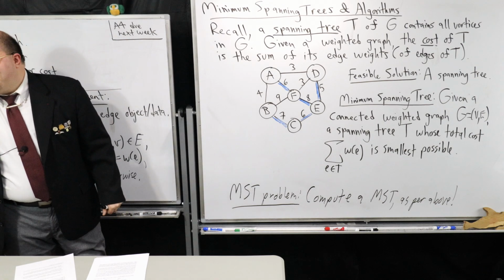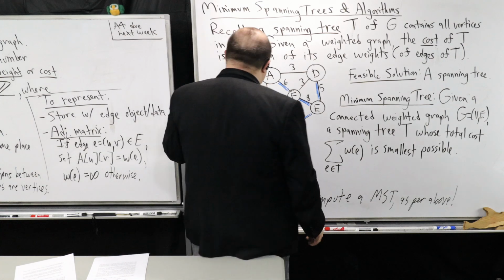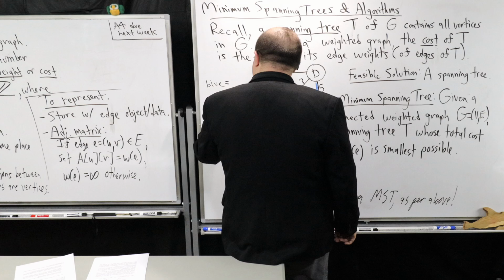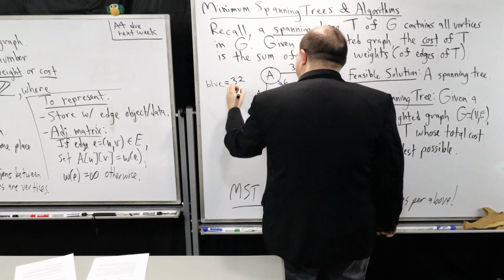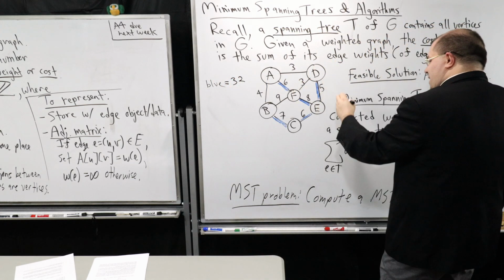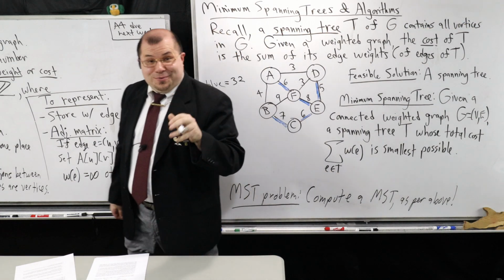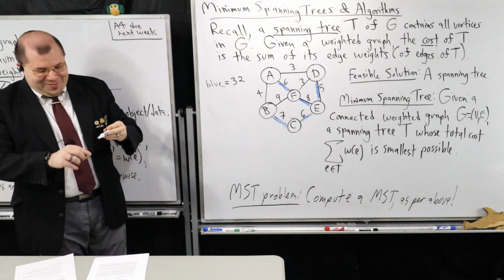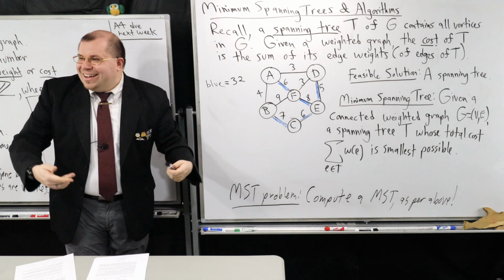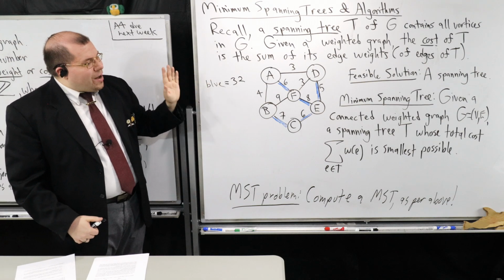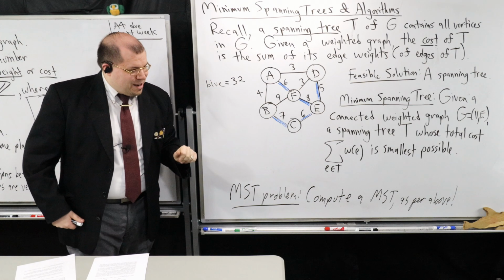Very good. So the cost of this tree, the one in blue, I'll write it as blue and say 32, because we sum up 6 plus 8 plus 5 plus 6 plus 7. I just about forgot how to do arithmetic today. I'm just joking around, but anyways, the question is, can I find a cheaper spanning tree?